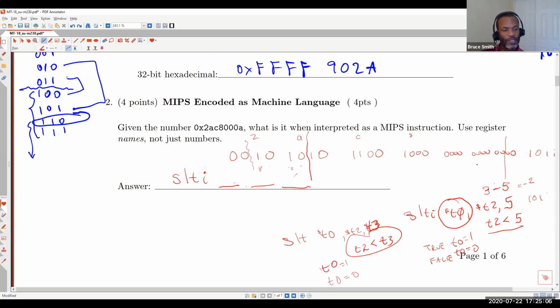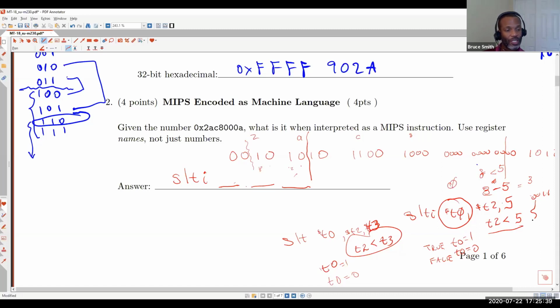Now, if this had been, say, an 8 minus 5, this becomes a +3, and a +3 looks like 0011. So is 8 less than 5? The answer is no, 8 is not less than 5, so T0 would be a 0.